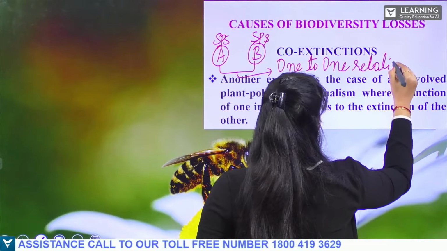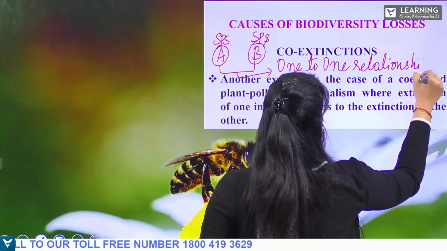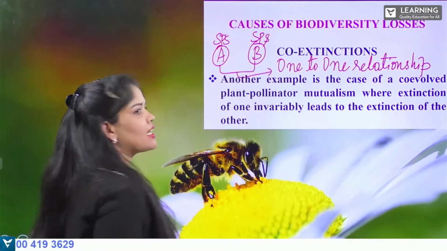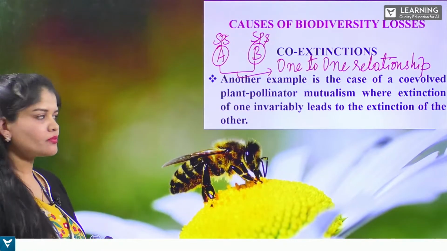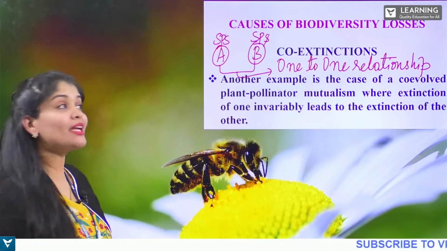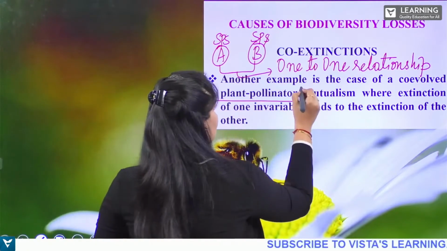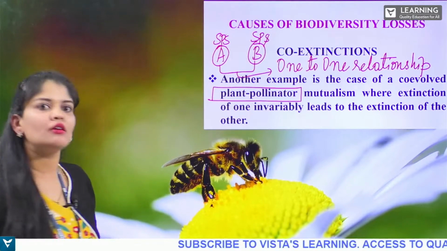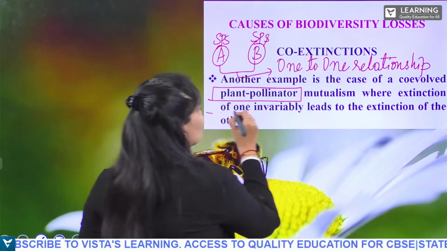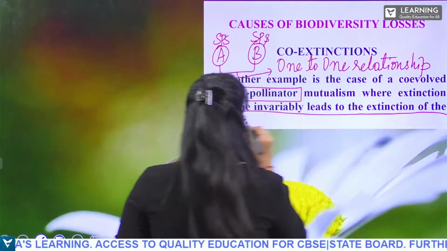That means species A is helping species B, and B is getting help from species A. So another example is the case of co-evolved plant-pollinator mutualism, where extinction of one invariably leads to the extinction of the other.